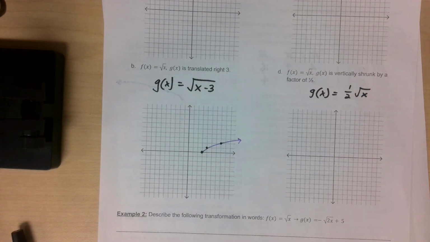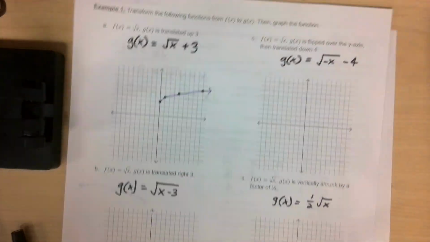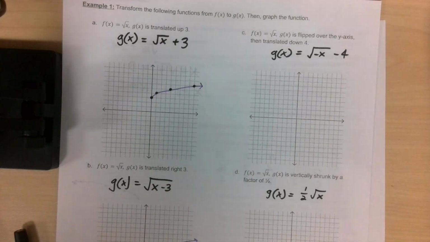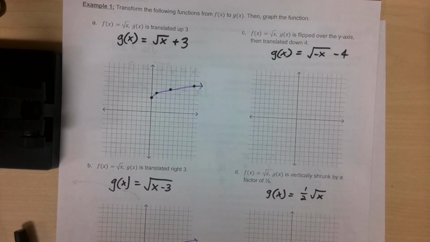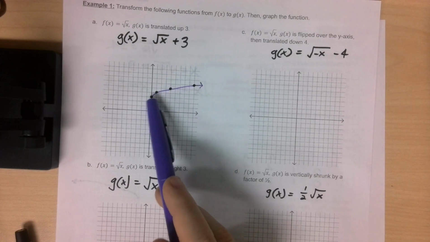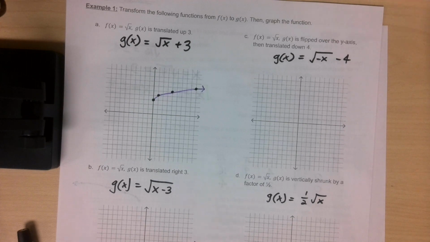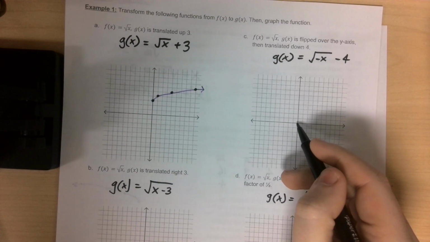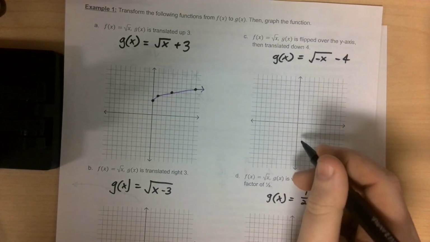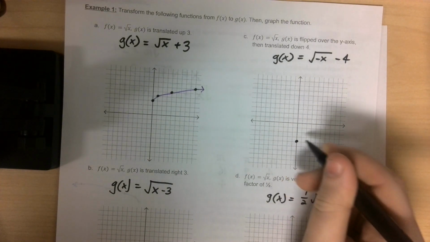Next up for C, we have 2 transformations happening, so 2 things are going to change. It's flipped over the y-axis, so instead of looking like this, it's going to go the other direction. And then it's translated down 4. So for instance, we could flip (0, 0), but that's going to stay where it is, and then move it down 4 to get our first point.